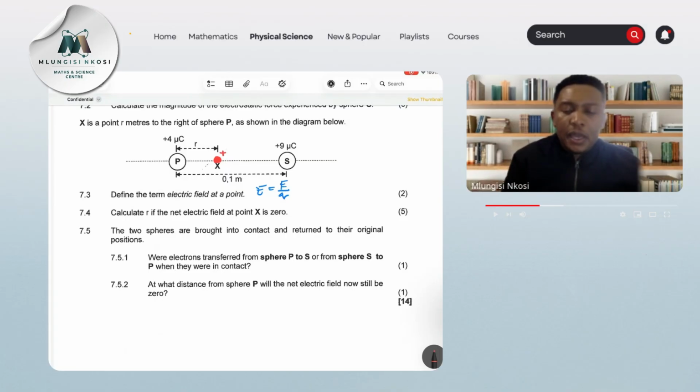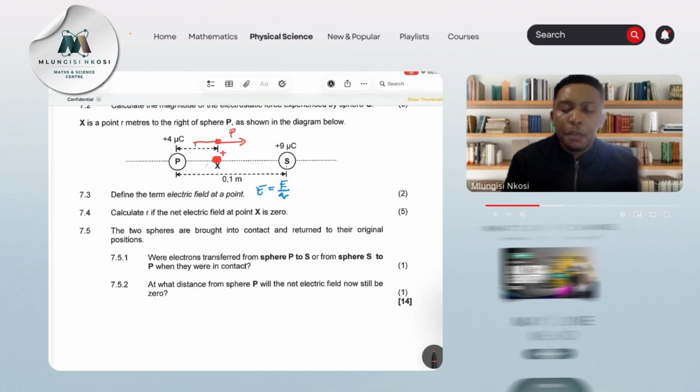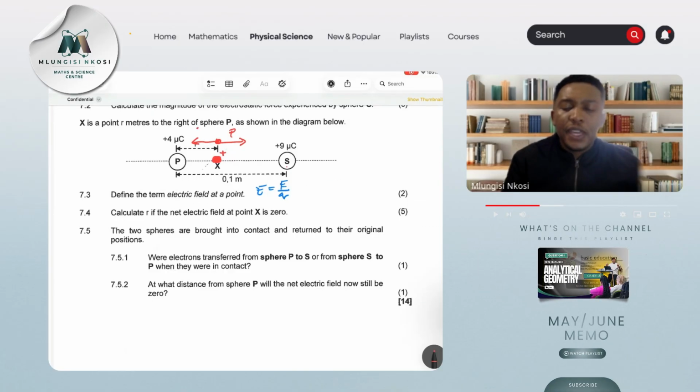P is pushing this charge away, so it will experience a force of repulsion because of P, but so does sphere S. Sphere S is doing the same. But what do we note? The field due to P should be equal to the field due to S. They're opposing each other. How do I know this? Because they said the net electric field is 0.